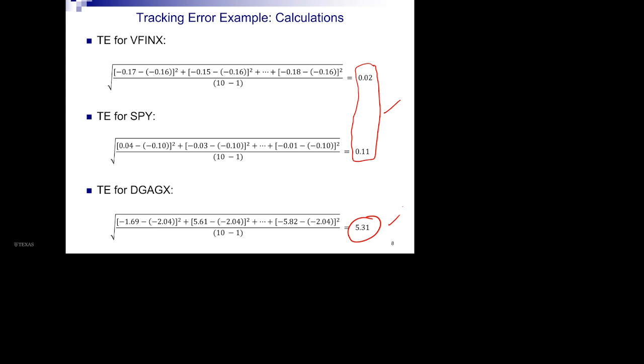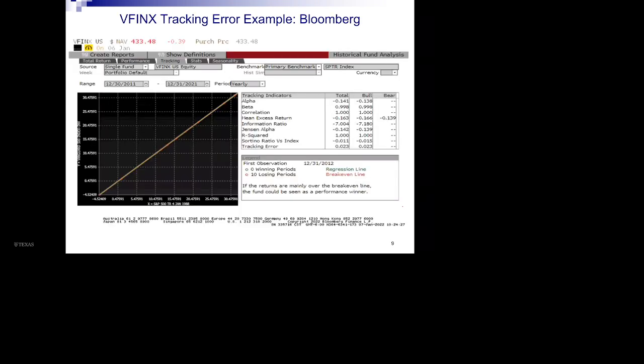And then finally, let me just note that Bloomberg produces these calculations as well. So what I've done is, for each of these three funds, looked at their annual data over the last 10 years, just the calculations we've looked at relative to the S&P 500.